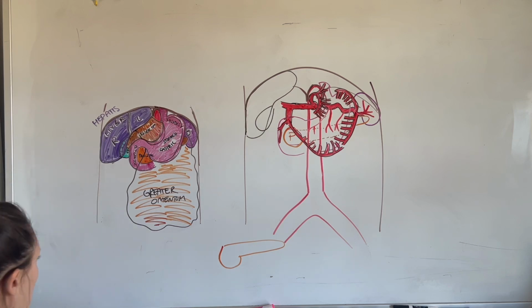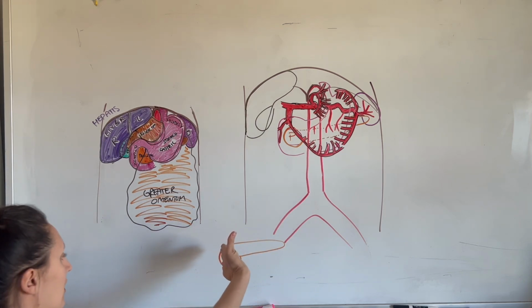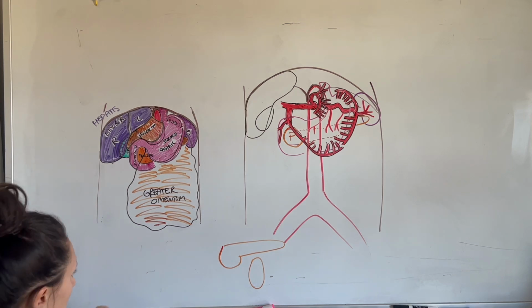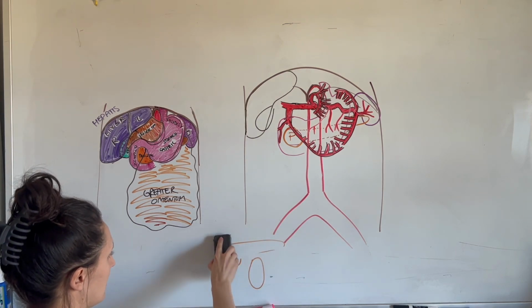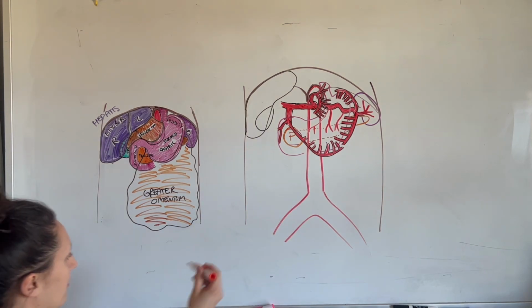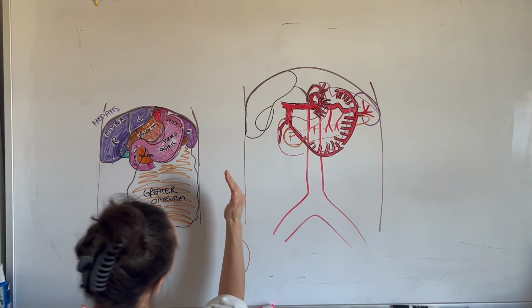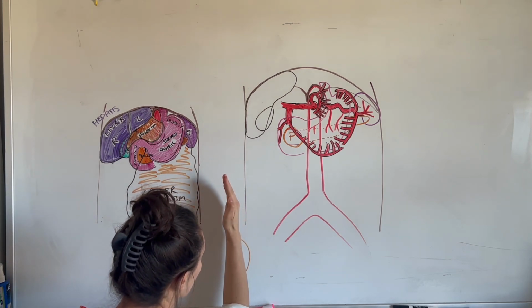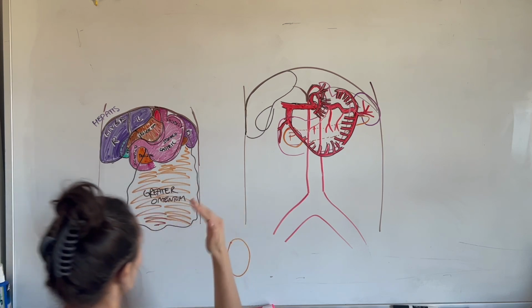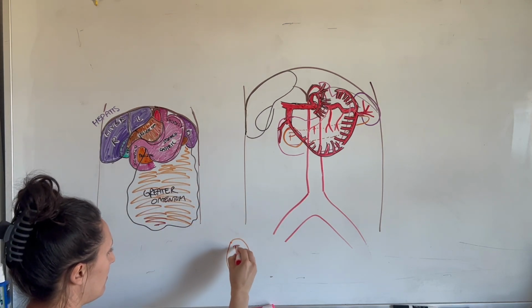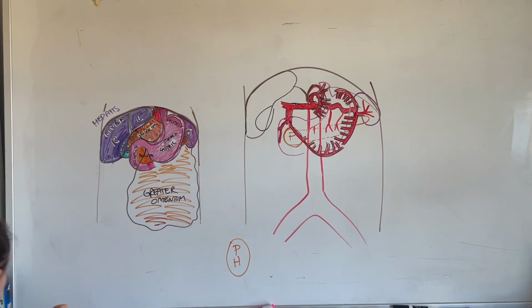So we are looking, essentially, if I turn it, we'll just be looking at the head of the pancreas. So I'm going to erase this other part. So we are looking at the pancreas head from the side. The duodenum would be blocking our view if this was actually in the body. We're going to remove the duodenum so we can just see the pancreas head. I'm going to put PH for pancreas head.